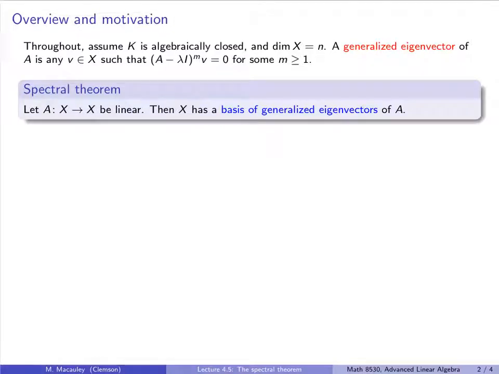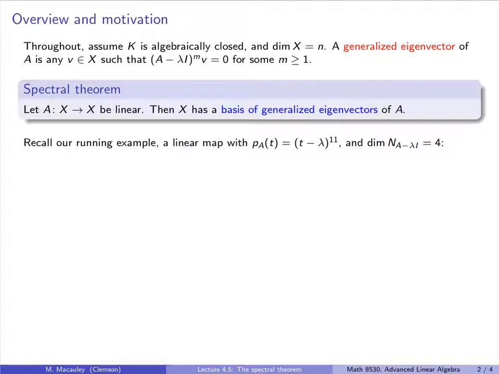The spectral theorem says that for any linear map A, our underlying vector space X has a basis of generalized eigenvectors of A. Let's recall our running example that I have shown in several previous lectures, which is a linear map with characteristic polynomial (t minus lambda) to the 11.